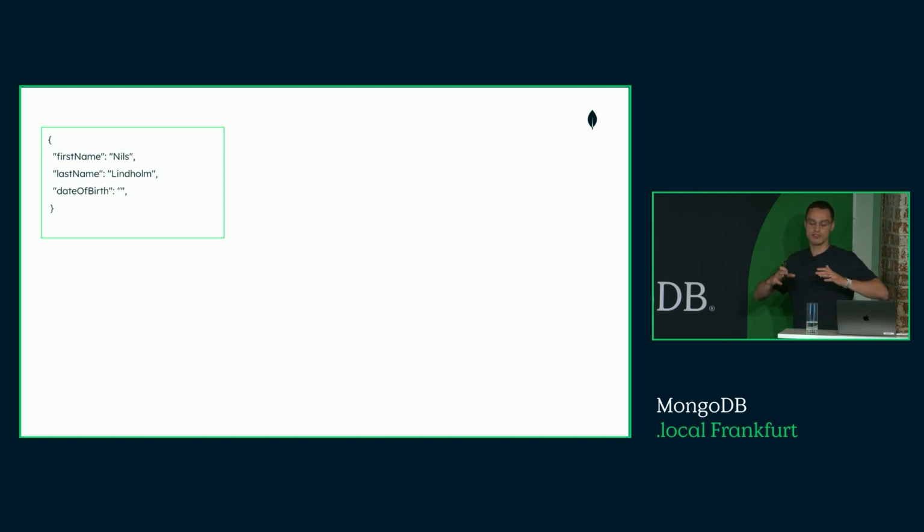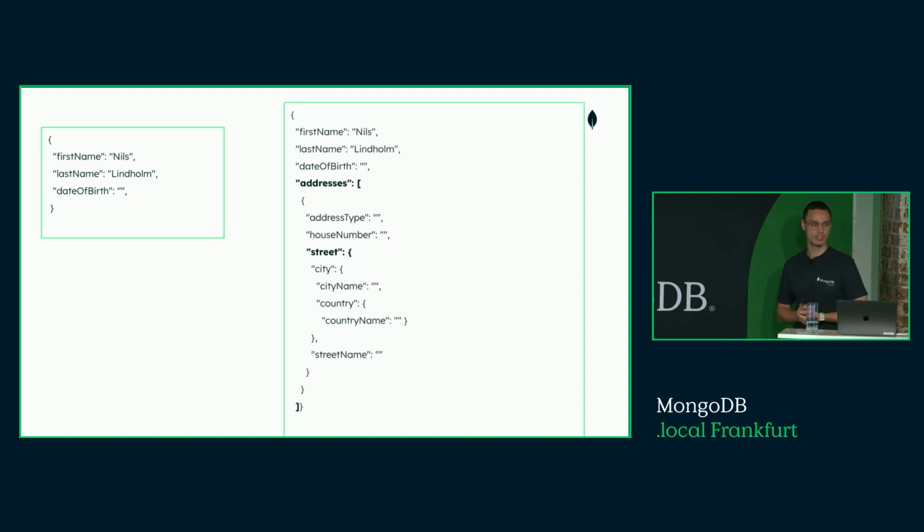We can also take the other tables. We can take the address, for example, and the address consists of multiple tables. This is where the benefits of the document model come into play. We can have a nested array in our customer document, and a customer can have multiple addresses.